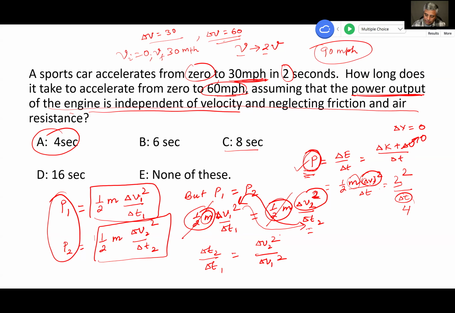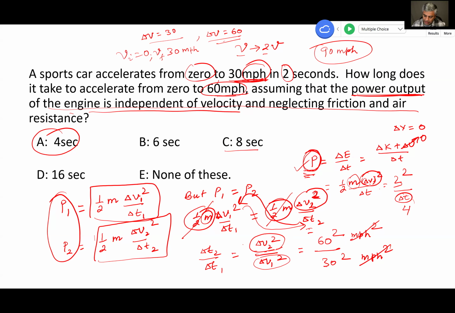So this is a ratio, so even if you don't convert the units, they are going to cancel. So what we have is going from 0 to 60, and this is 0 to 30. So the change was 60 here, and it has to be squared. The change is 30 here, and it has to be squared. And the unit miles per hour, even if we don't convert, both of them are the same, so they cancel, okay?